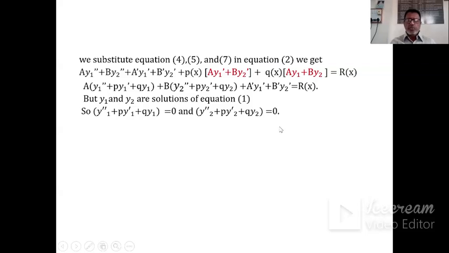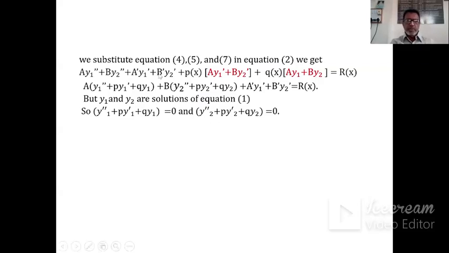Now but y1 and y2 are the solutions of the associated homogeneous differential equation 1. Therefore, y1 and y2 satisfy this differential equation 1. Therefore, we obtain y1 double dash plus p of x into y1 dash plus q of x into y1 is equal to 0, and y2 double dash plus p of x y2 dash plus q of x y2 is equal to 0.